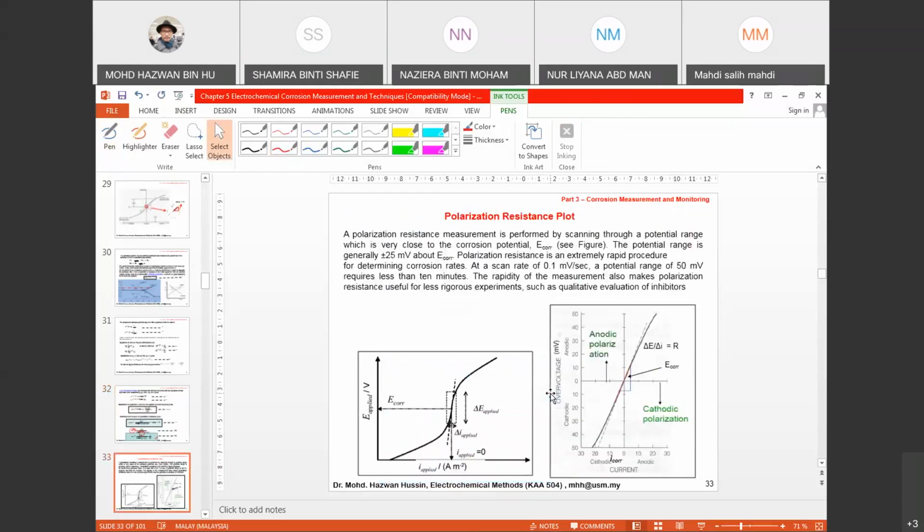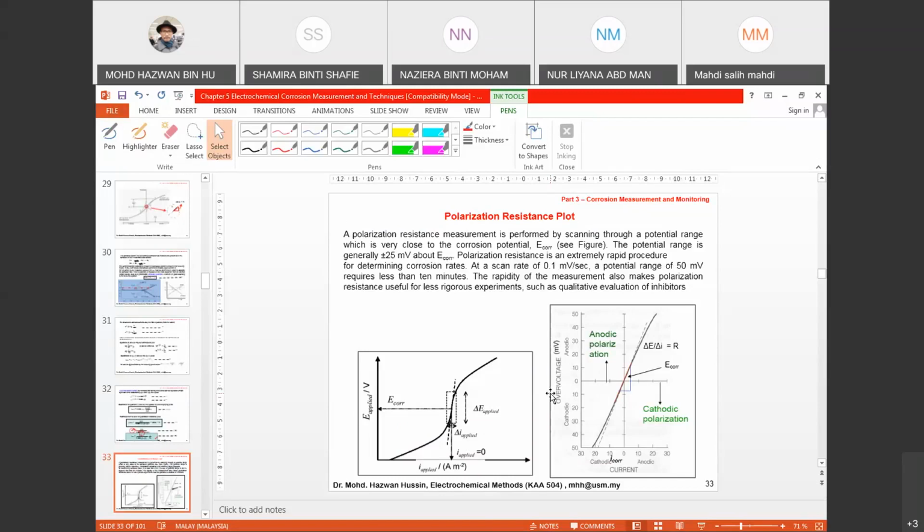Okay, so a similar explanation to what I told you just now: for the linear polarization resistance method, you scan at a lower potential range, plus minus 20 or 25 millivolts from E corr, with a lower scanning rate, maybe around 0.1, 0.25 or 0.5 millivolt per second. This will take you less than 5 minutes.